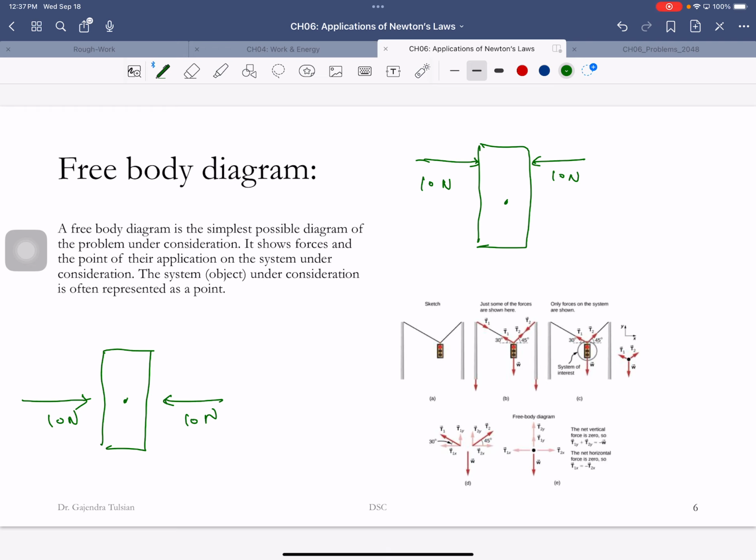Same two forces. Will this object move? No. Now it'll spin. So the difference is the following.